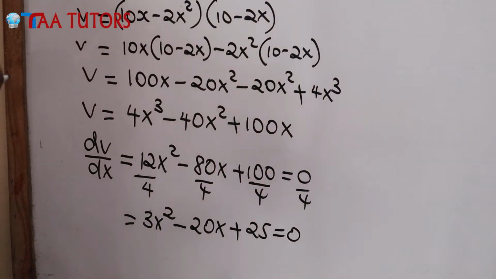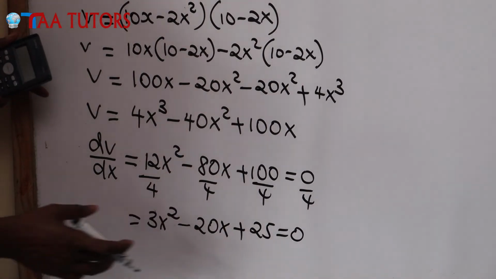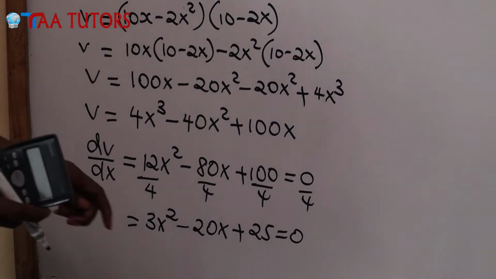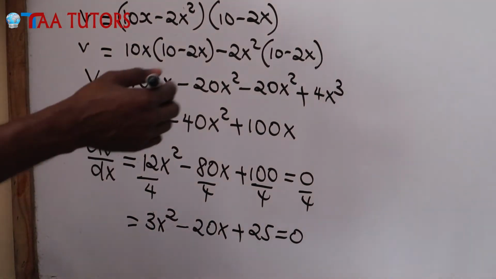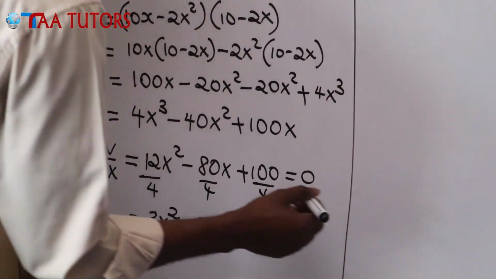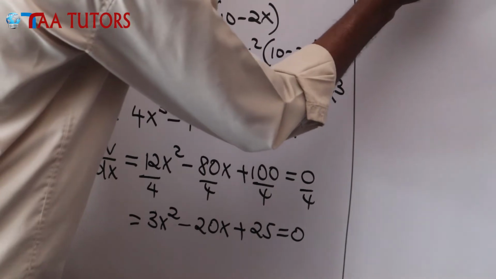So I look for two numbers that if I multiply I get 3 times 25, which is 75, and if I add I get negative 20. Those numbers I bet should both be negatives.